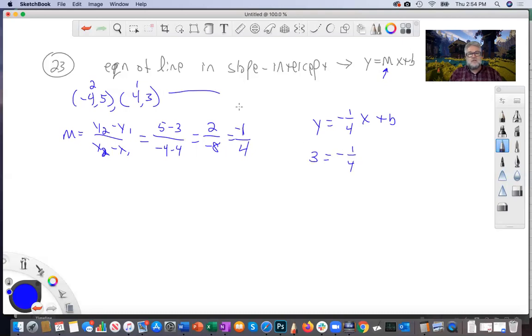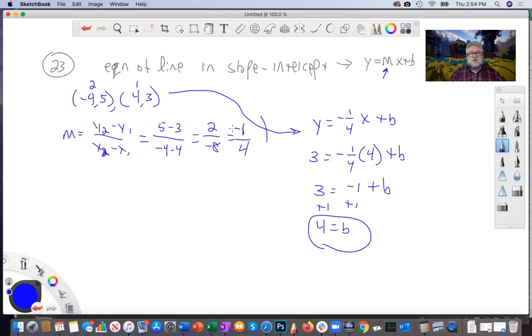So I'm plugging this point into the equation. 3 equals -1 plus b. Add 1 to both sides. 4 equals b. So now I know the y-intercept. I know the slope. So I can write the equation: y equals -1/4 x plus 4.